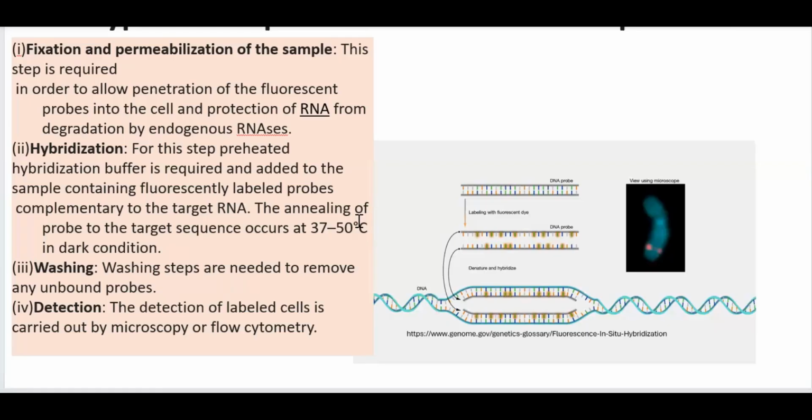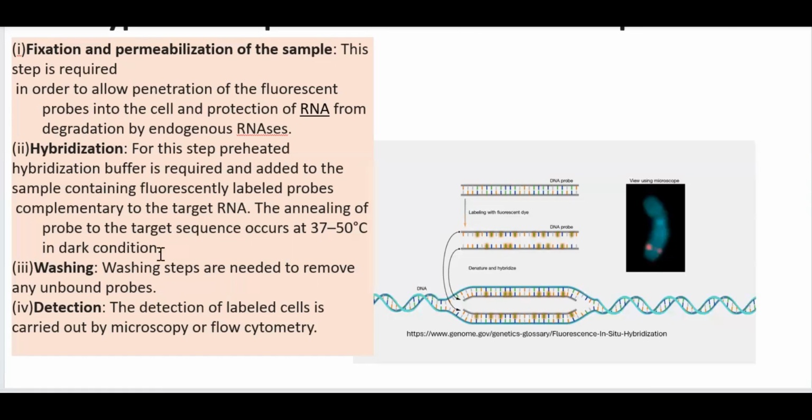It is very much like PCR or any other technique that involves denaturation and renaturation of DNA, right? Annealing of the DNA. So again, coming down to 37 to 50 degrees Celsius under dark conditions will allow hybridization to happen, because this probe DNA will be binding to the unwound or denatured DNA sequences. It has a possibility to find its complementary region and it will go and bind. This is what is going to happen with the help of the properly designed buffer system that is required.